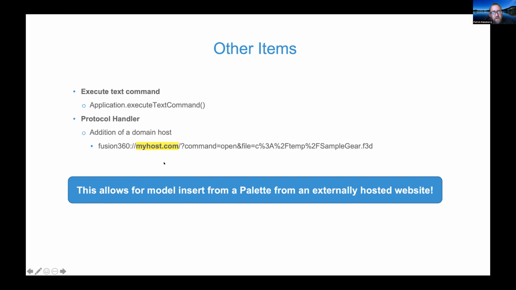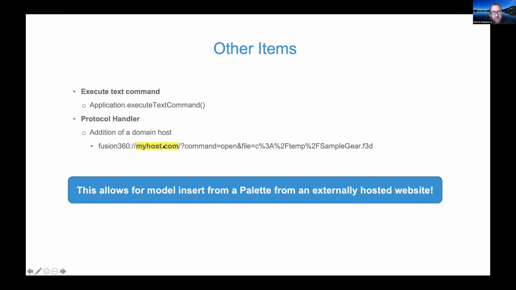But there were some cross-domain security problems. So in the formatting of that link, it now allows you to specify more. It used to be that you would just say F360, then the command, and then the path to the actual file that you wanted to open from some bucket or whatever.